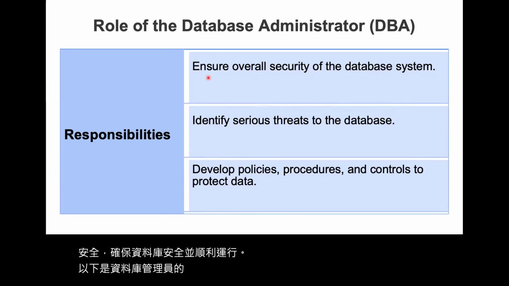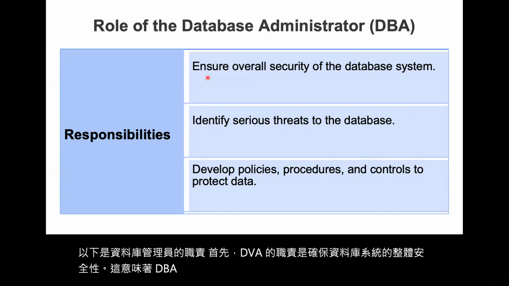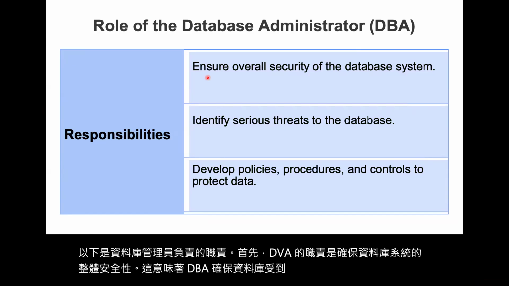First, the responsibility of the DBA is to ensure the overall security of the database system. It means that the DBA ensures the database is protected from hackers, unauthorized users, or any other threats.